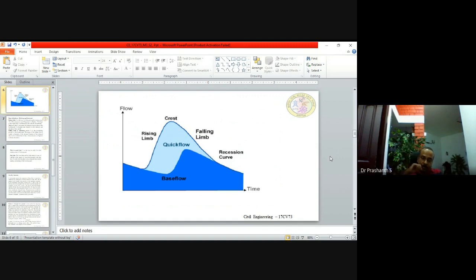That is called the rising limb, and it attains a peak, which we call the top of the peak or the crest of the peak, and it falls down as time passes, which is called the falling limb. Then the recession joins, and it has been divided in two colors. The dark blue is called the base flow, and the top one is the quick flow. So this is a hydrograph, a graph plotted between flow and time.